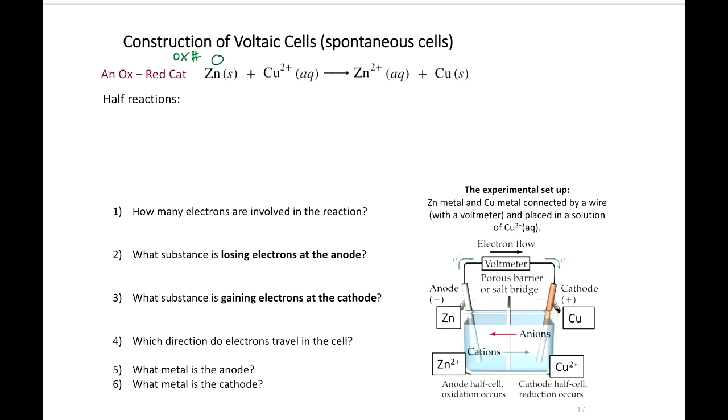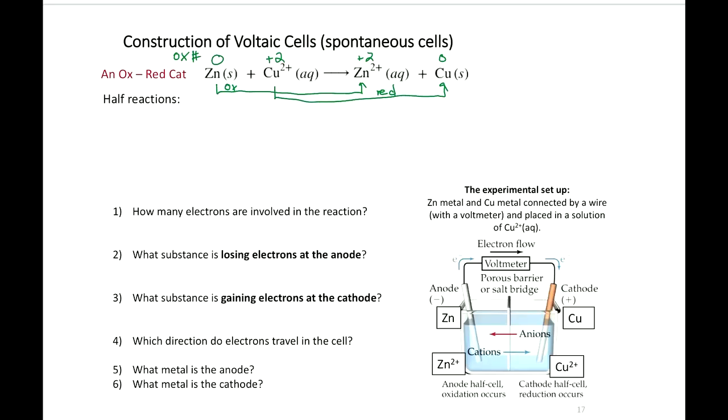So zinc solid is 0, copper 2+ is 2+, zinc 2+ is 2+, and copper solid is 0. So you can see zinc is being oxidized because its oxidation number is going up, while copper 2+ is being reduced because its oxidation number is going down.